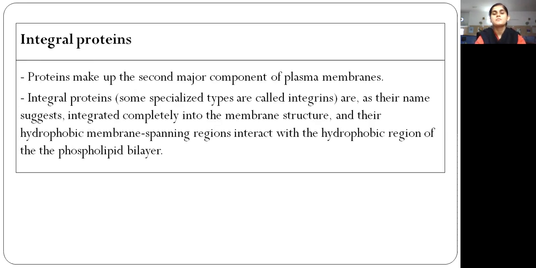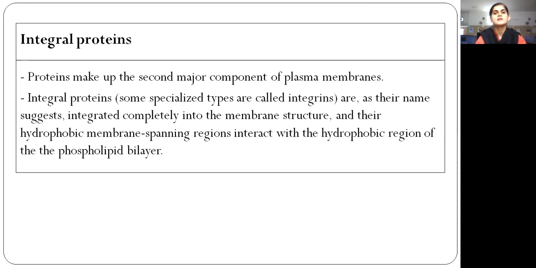Now, three types of membrane protein are present. Among them, the integral membrane protein is the second major component of the membrane after the membrane lipid. Integral membrane protein is present entirely within the membrane. It is also known as integrins.